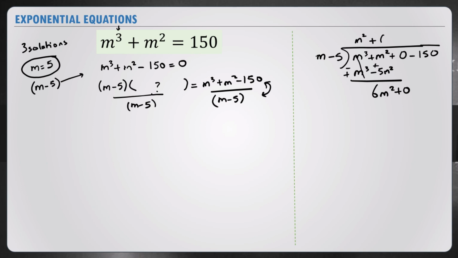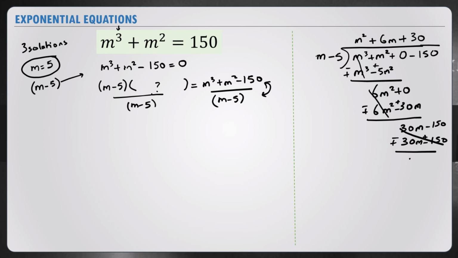M squared, 6m. 6m into m minus 5 gives me 6m squared minus 6 5s are 30m, minus plus cancels and I get 30m minus 150. How do I get rid of that? I have to add 30 and we get 30m minus 150. When I subtract, this cancels and I have no remainder. That's good.